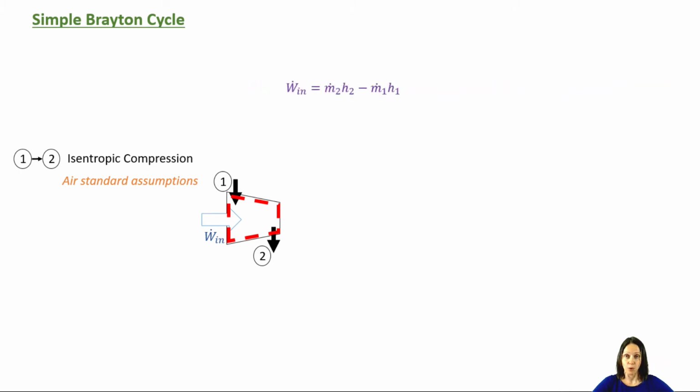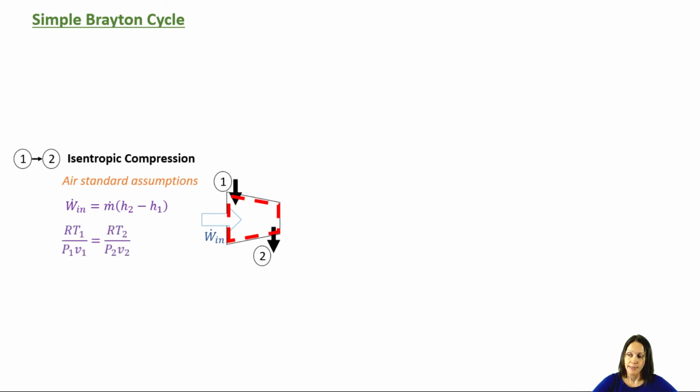So all I'm left with is this term right here. Then if I apply conservation of mass and I know that this is operating at steady state, the mass flow rates at the inlet and the outlet are the same, and so my W dot equation gets even simpler. So there's my first law. Because I've got air and I'm assuming it behaves like an ideal gas, I can use the ideal gas law, no problem.